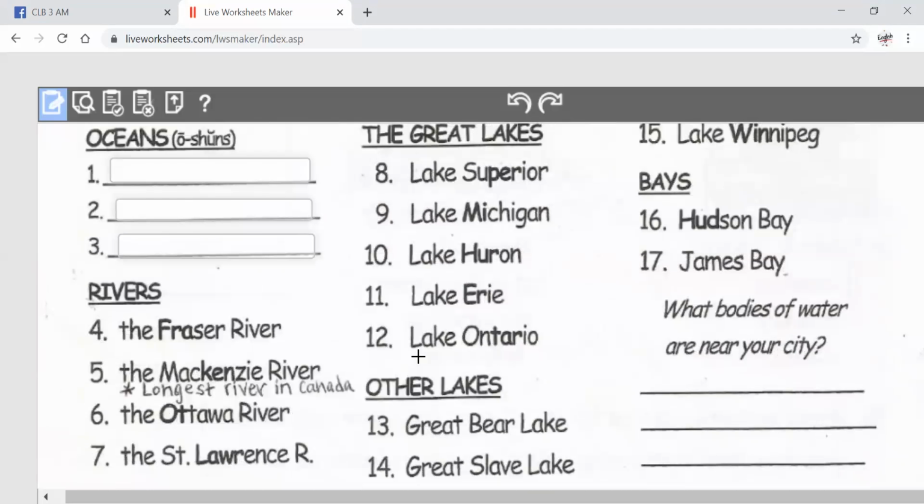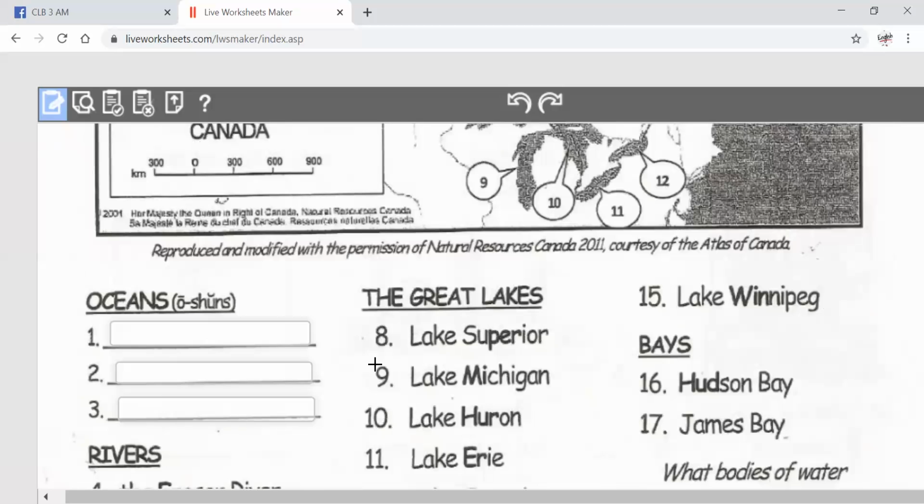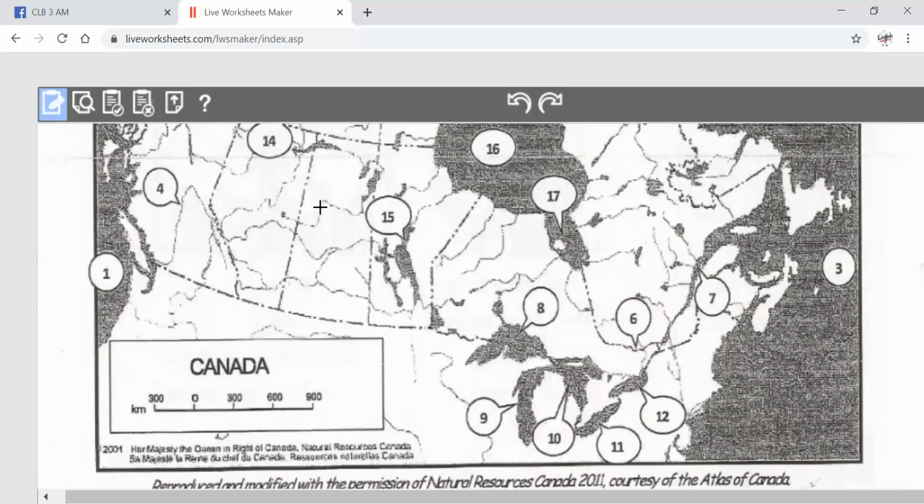All right, what about rivers? What are rivers? Rivers are smaller than oceans. For example, we have the Detroit River, right? On Riverside. So rivers, they're not very big. Oceans are very big. Rivers are a little big. And they go inside. Do you see inside the map?